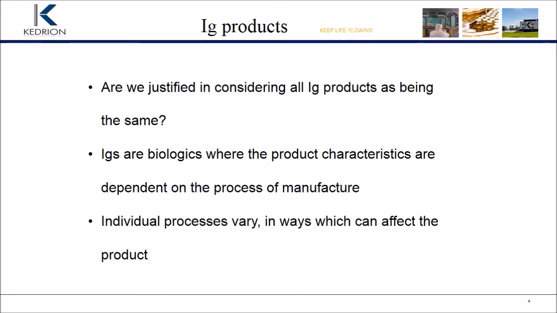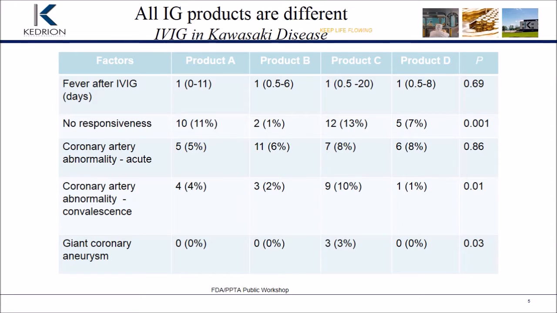In fact, the way we express this in the field is: the process is the product. And this variation between products results in differences in tolerability, which I think you are very familiar with, but it can also result, on relatively rare occasions, in differences in efficacy.